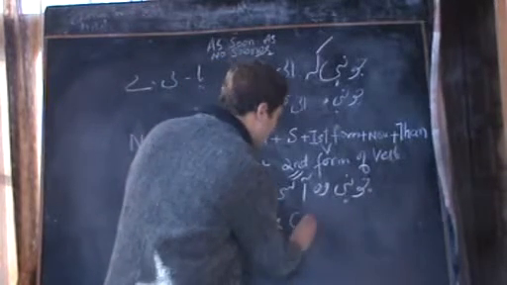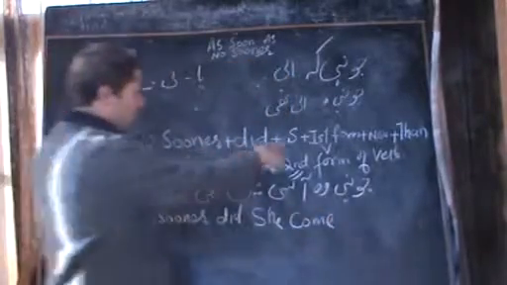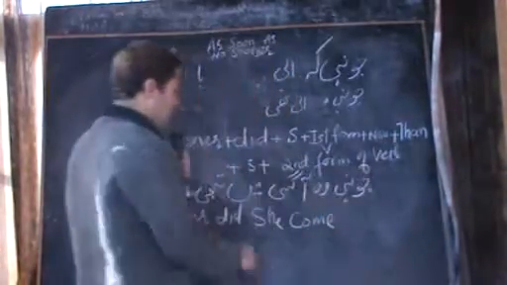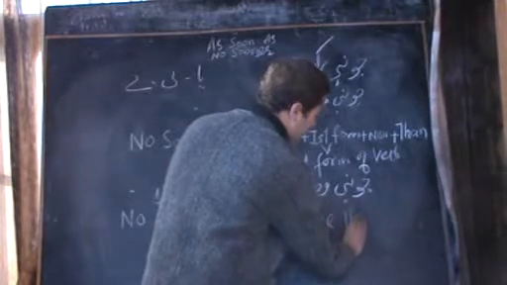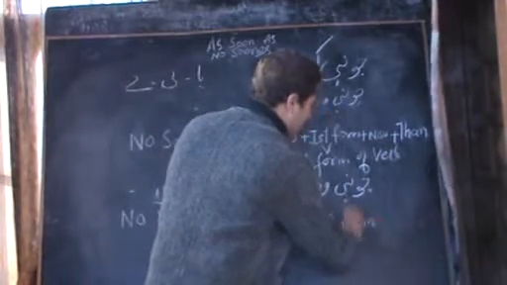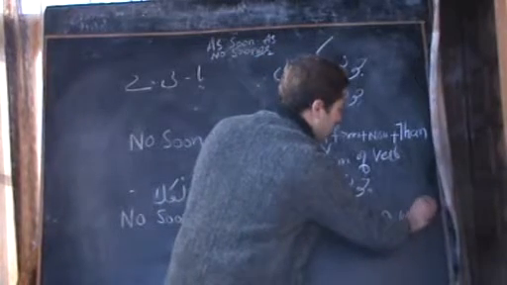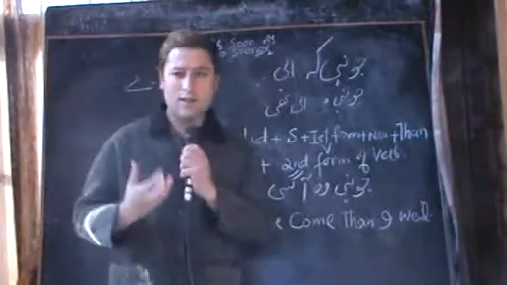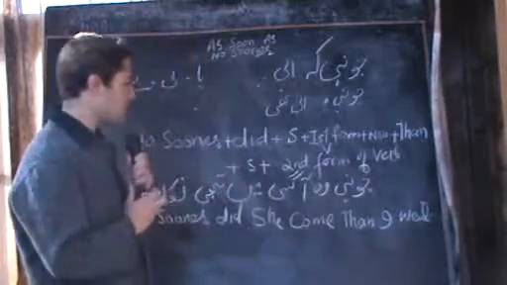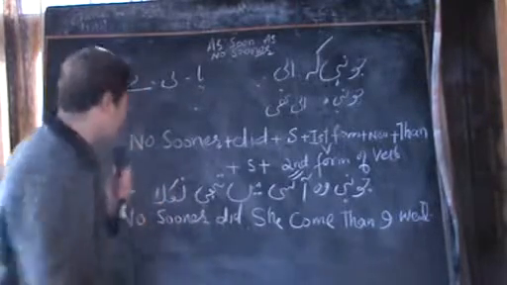No sooner did she come, then I have to use according to formula. No sooner did she come, then I went. See there, no sooner did she come, then I went. So this will be the translation of this. We'll take another example for this.